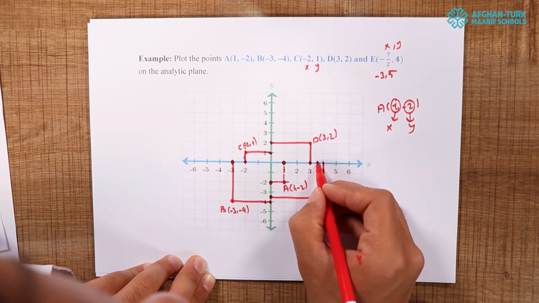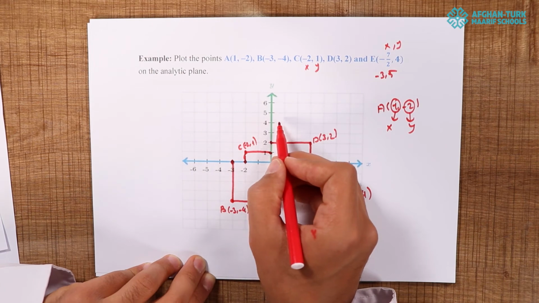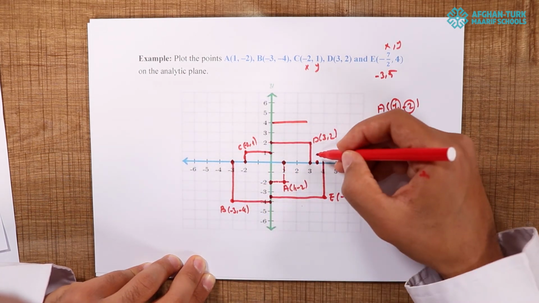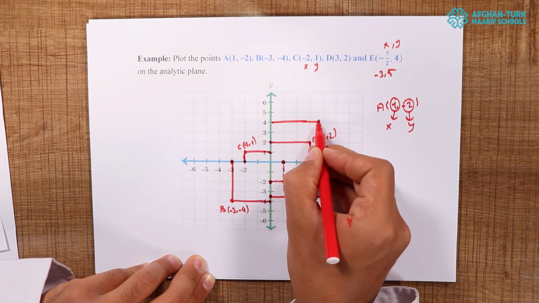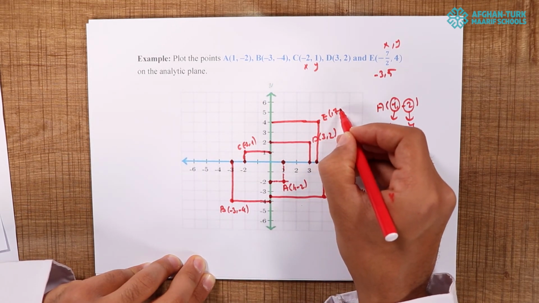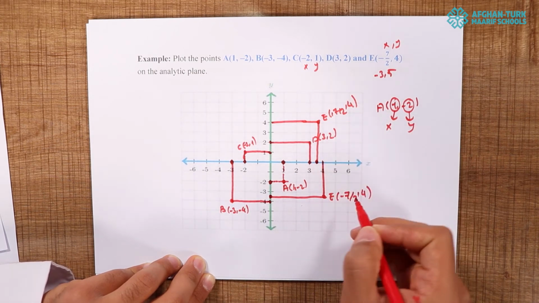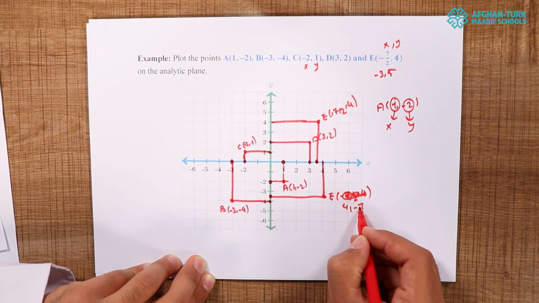So minus 7 over 2 is here on the x-axis, and 4 is here. If we draw perpendicular lines, they intersect here. So this is point E (-7/2, 4).